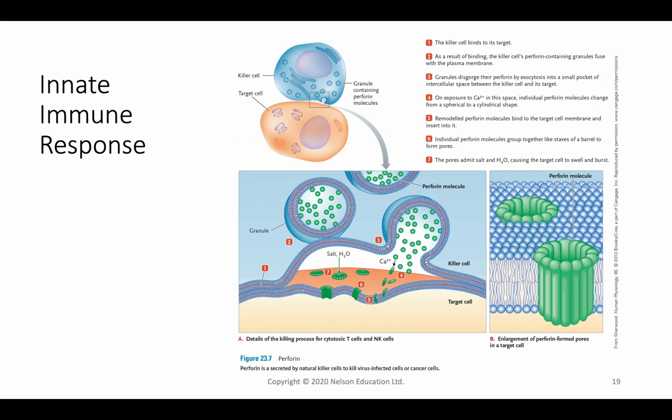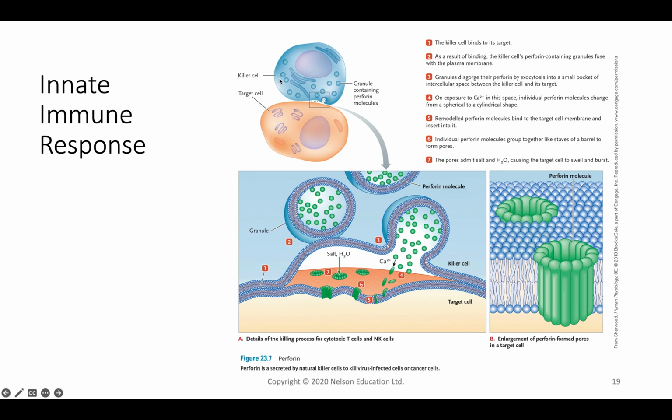So first we're going to start with the innate immune response. This is specifically talking about natural killer cells finding a target cell that is going to be targeted for apoptosis for whatever reason. So once the target cell has been bound to, and this target is going to have labels on it somehow, this killer cell notices that it's not a normal self. It is still self, but it is an abnormal self cell.